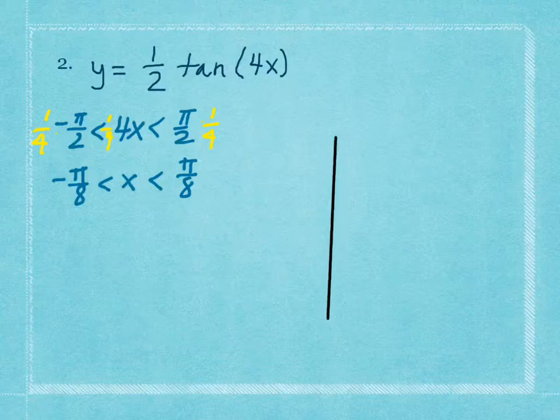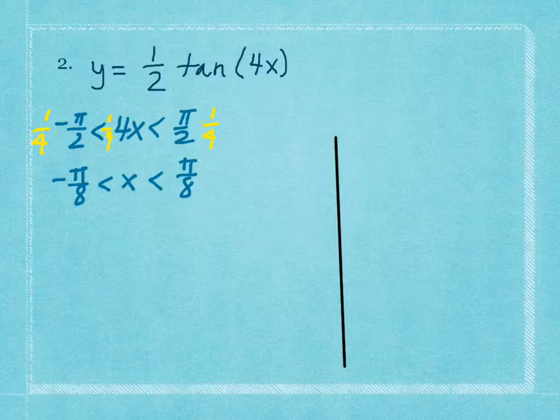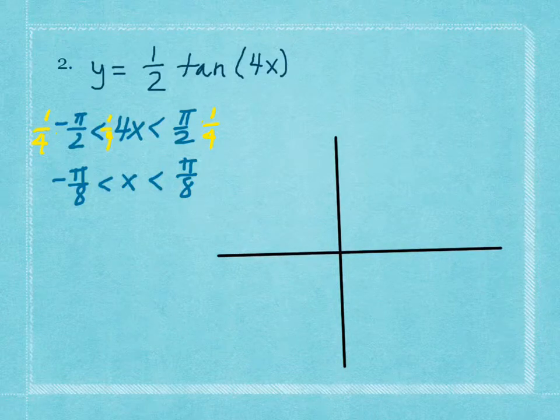But my graph needs that information that I just figured, which means that I would go from negative pi eighths to pi eighths.